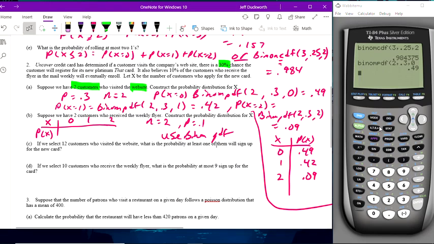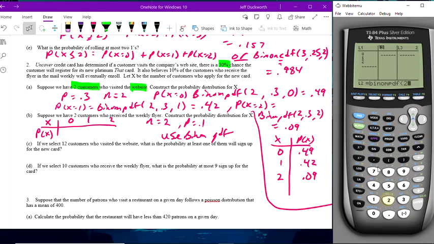I'm going to go to the calculator here. Go back in here. I'm going to remove this 3. And then I'm going to delete all of these by hitting clear and enter. Don't use delete for that. Highlighting L2, and I'll run the binompdf for all of them. Second vars, PDF.